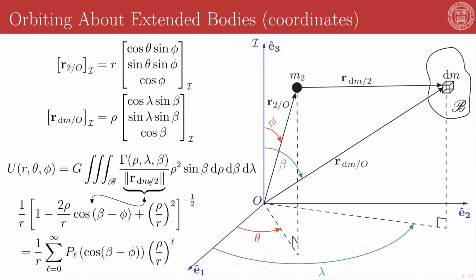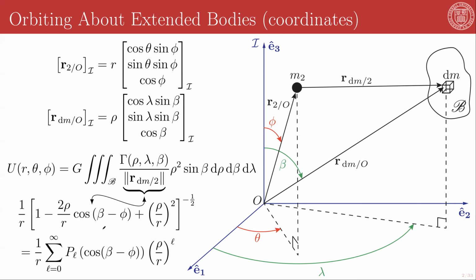This denominator term in the integrand, the norm of r_dm rel 2, can be rewritten as 1 over r, remembering that r is the magnitude of the position vector of r2 rel O, times 1 minus 2 rho over r times cosine of beta minus phi, plus rho over r squared, all to the negative 1/2 power.